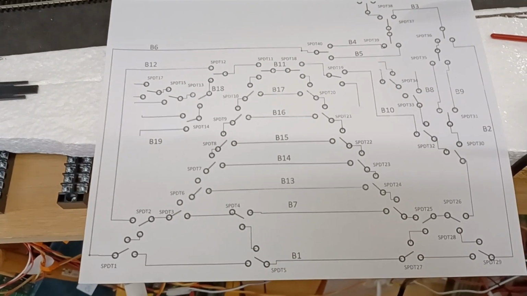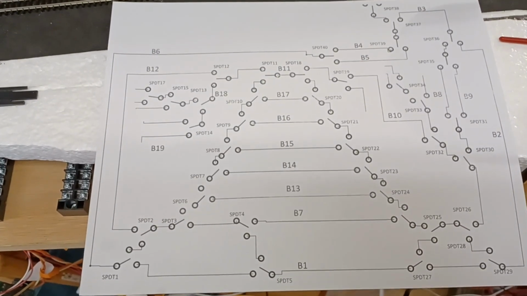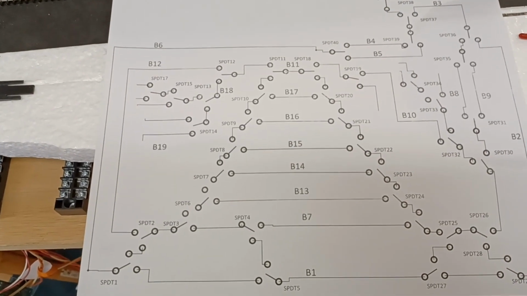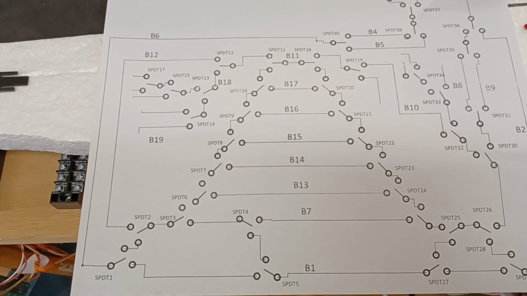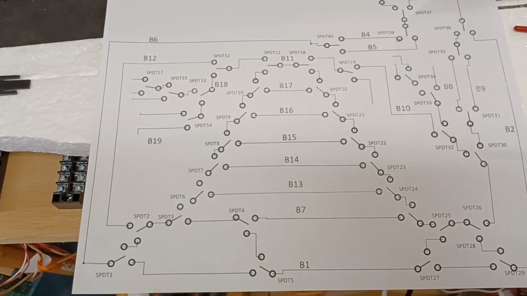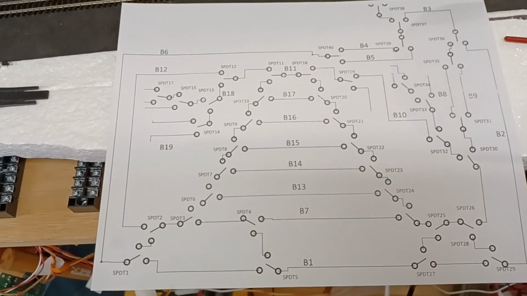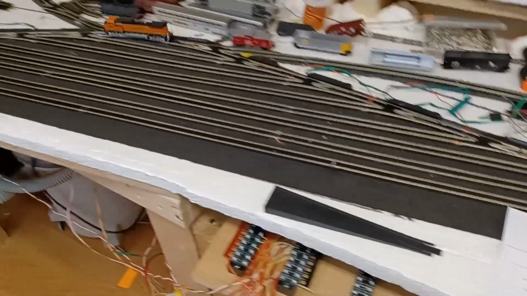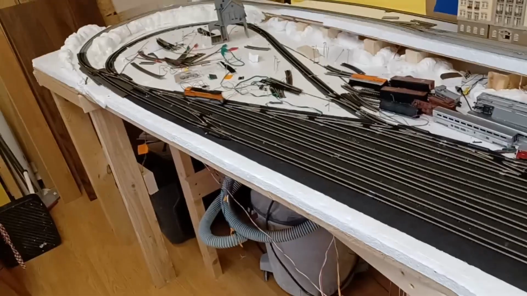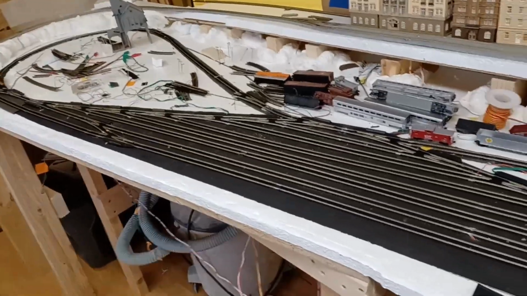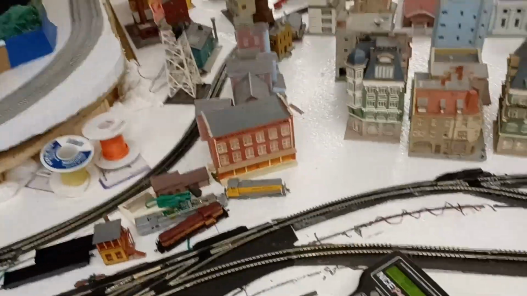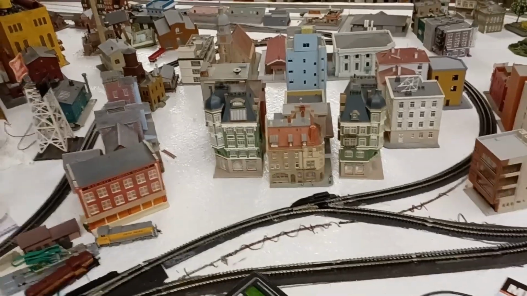You see that this identifies the block sections by B, 1 through 19, I guess, and the switch turnouts, turnouts number 1 through 40, and they equate to basically what's going on in the layout in terms of all the turnouts and the block sections, and so we'll be able to control the entire layout from a single switch panel.